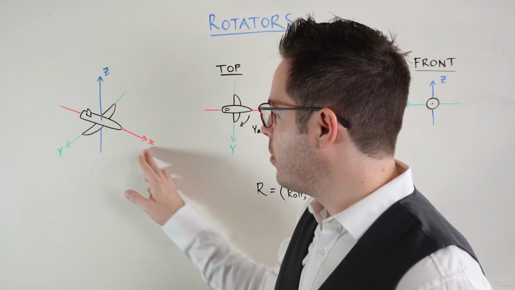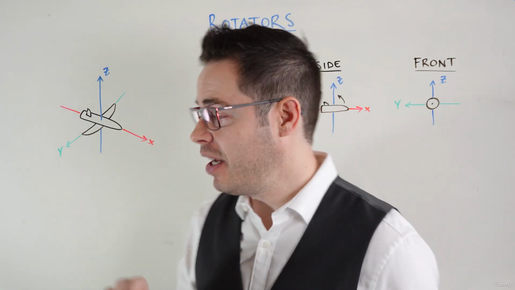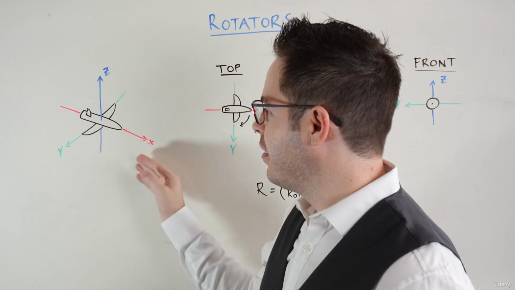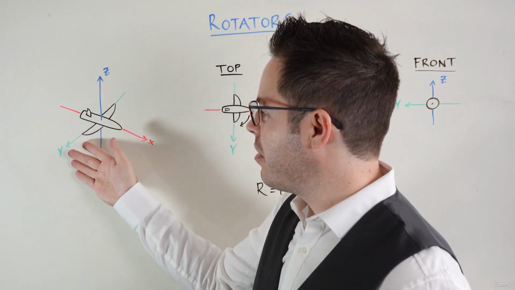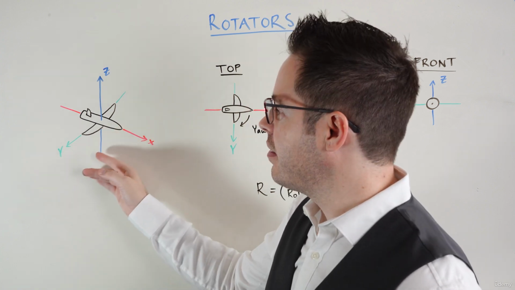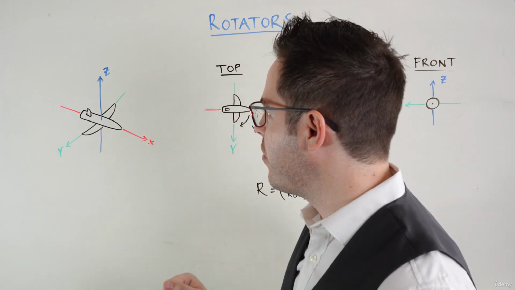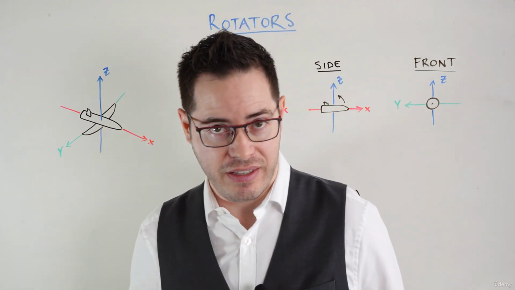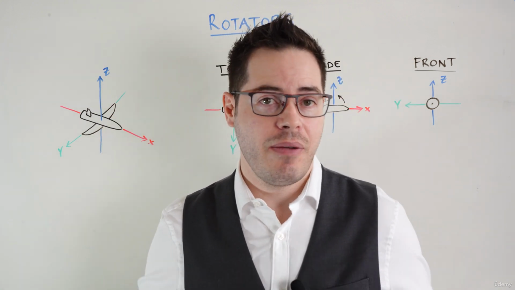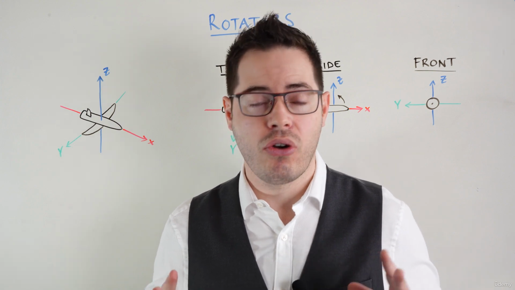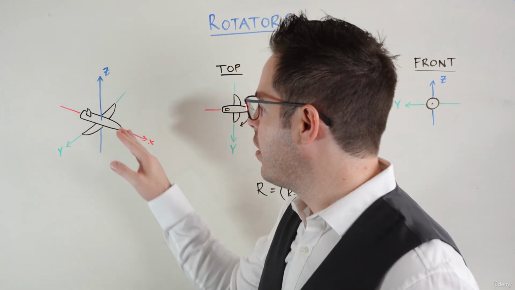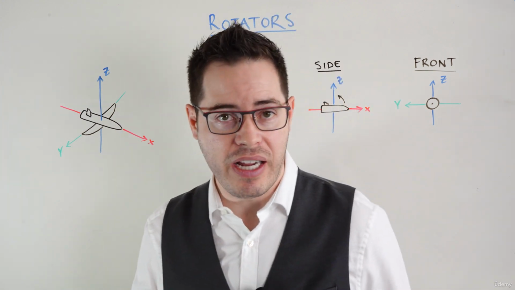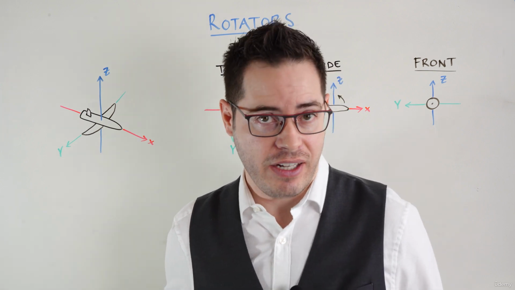We see that its forward direction can be represented by the x-axis, its right direction can be represented by the y-axis, and its up direction can be represented by the z-axis. And we've seen that objects can have their own local coordinate spaces where the forward direction should always be x for any given actor in the world.